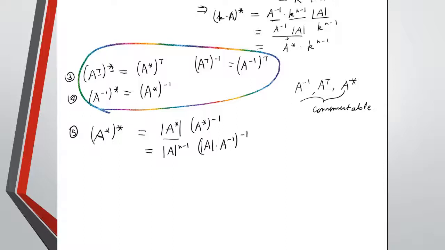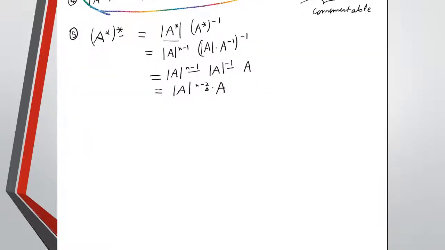Alrighty, so now we can further expand it as A's determinant to the n minus 1 power, and we can put it like this, because this is just a number, and this one will become A. So this one and this one have the same base, so we can just combine the power as A to the n minus 2, and then A. So you can see that if we put one star here, we're going to get a lower order here.